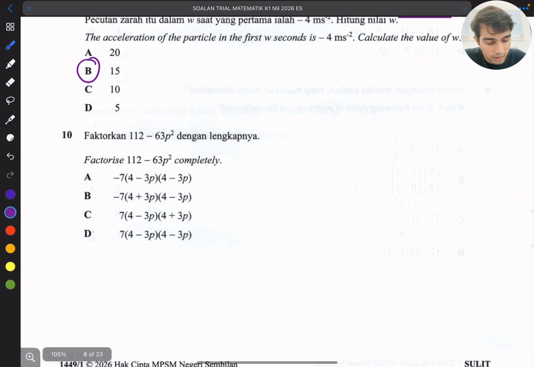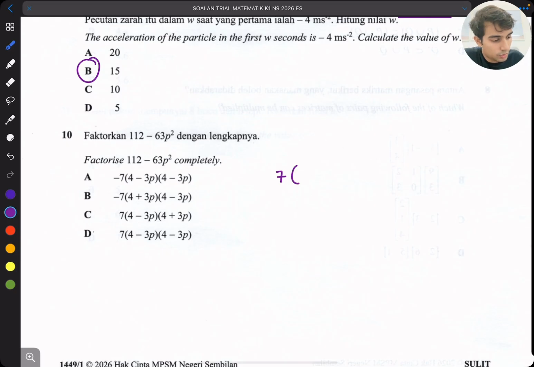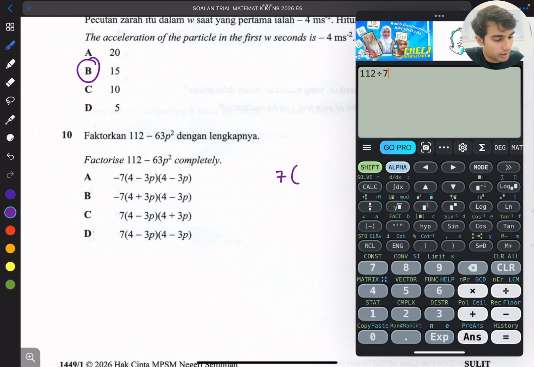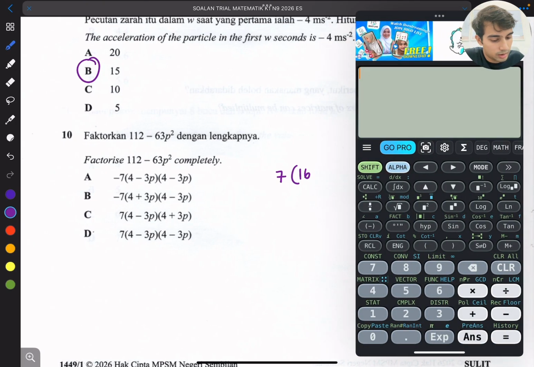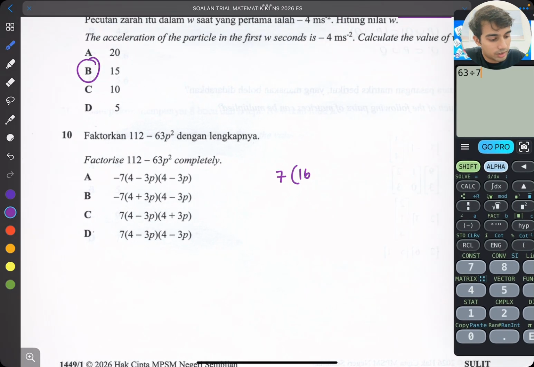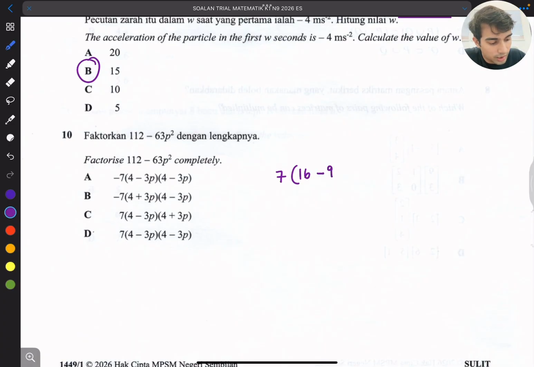But here they want, okay, let's just take out 7 first. 112 divided by 7, we get 16. Then 63 divided by 7, we get 9. So negative 9p square. Right.